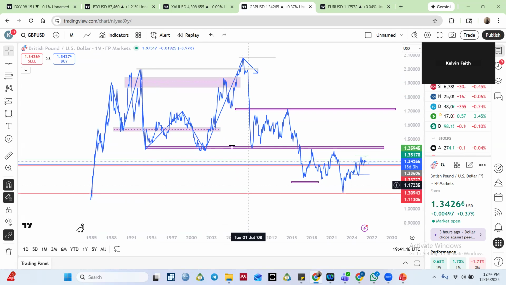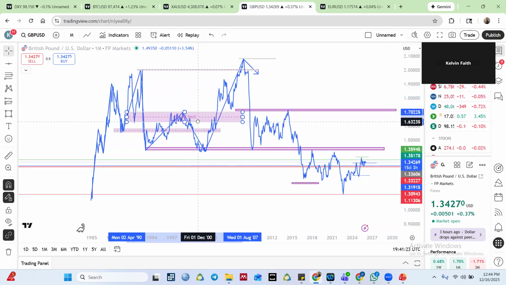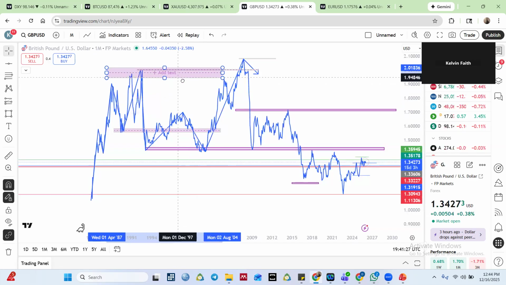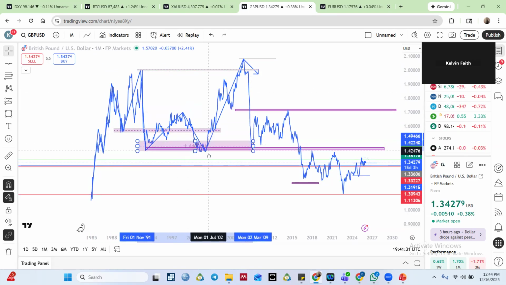But the market always does what it wants to do. This sell, though it sold, failed. It's not that it didn't sell, it sold, but it failed. It failed because it should have come down to take out these lows to give us a bearish trend.